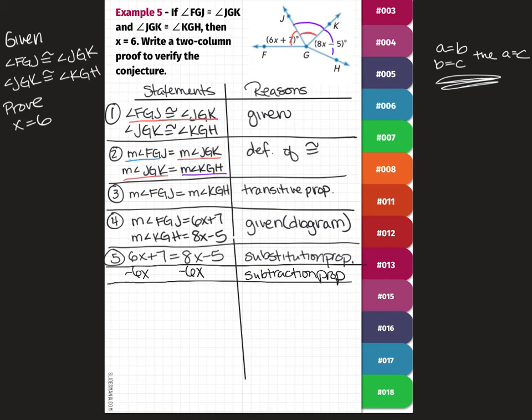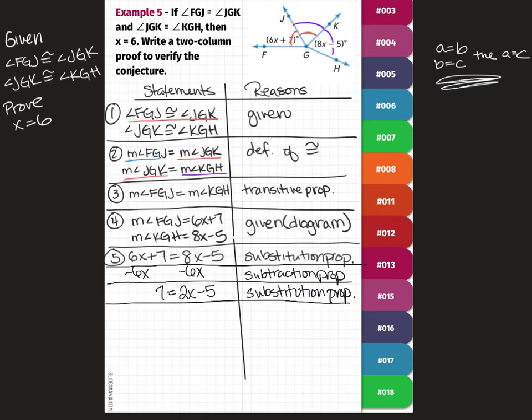And I'm going to end up with 7 is equal to 2x minus 5. And that's going to be substitution. I sometimes can't spell it. Substitution property because I have substituted equal values.